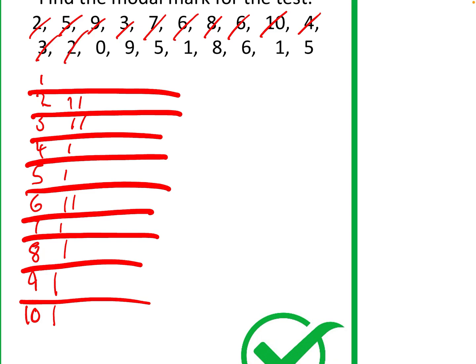We've also got 0 here, so let's add 0. Apologies. You can see how easy it is to miss these off if you don't look really closely, which is why, like I say, these tally charts are really helpful to try and make sure we don't miss anything. Then we go 1, and we go 5.